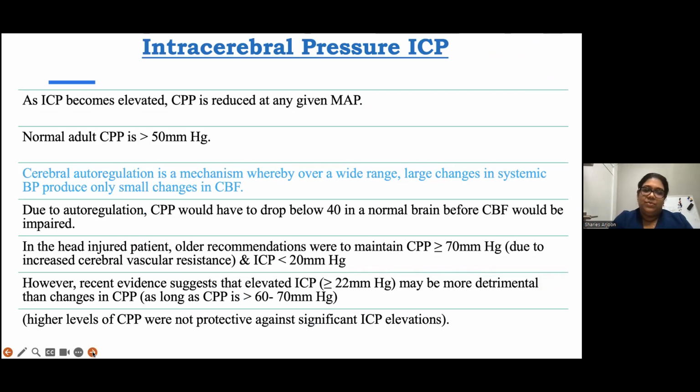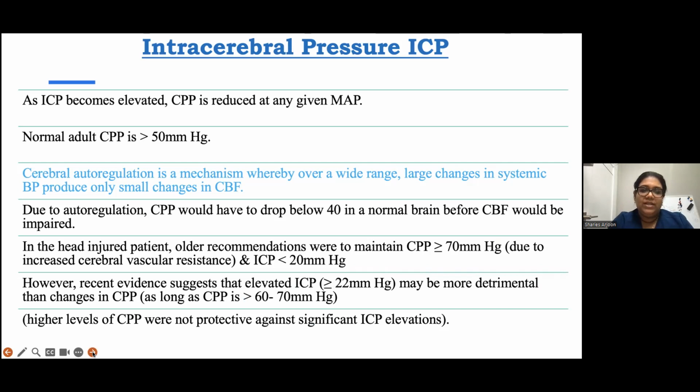Normal adult cerebral perfusion pressure is above 50 millimeters mercury, and cerebral autoregulation is the mechanism whereby over a wide range, large changes in systemic blood pressure produce only small changes in cerebral blood flow.